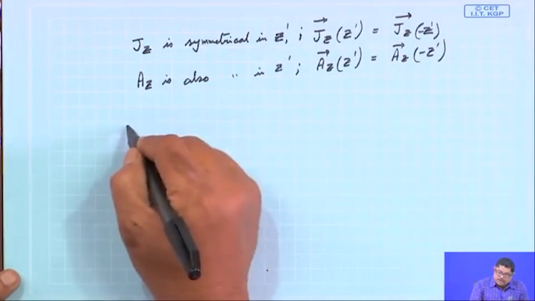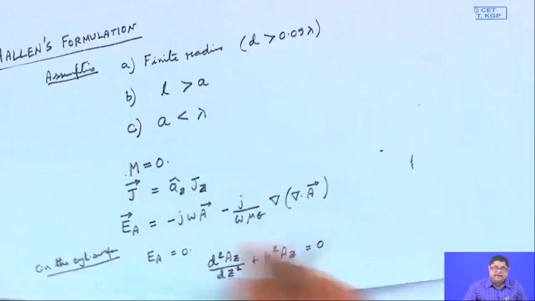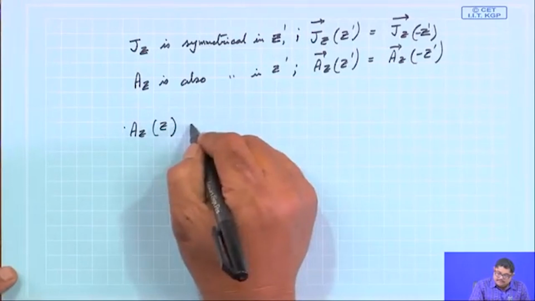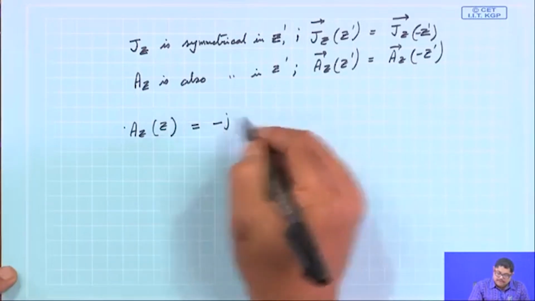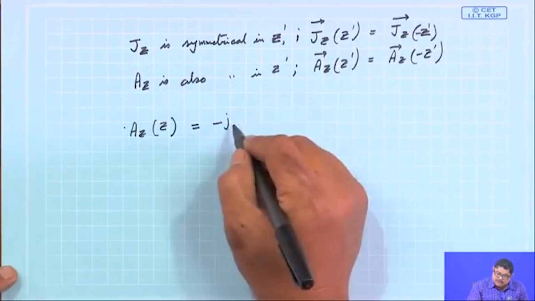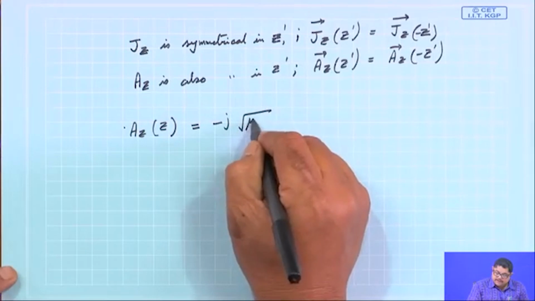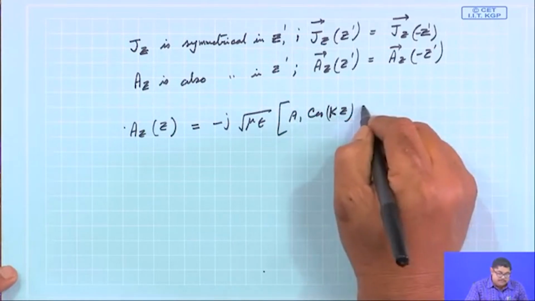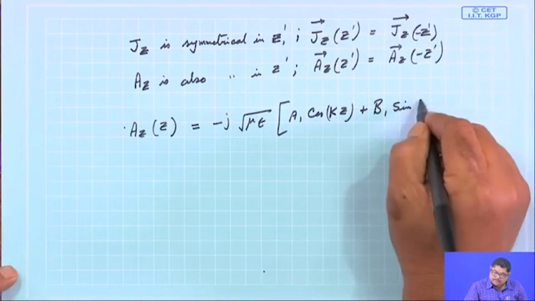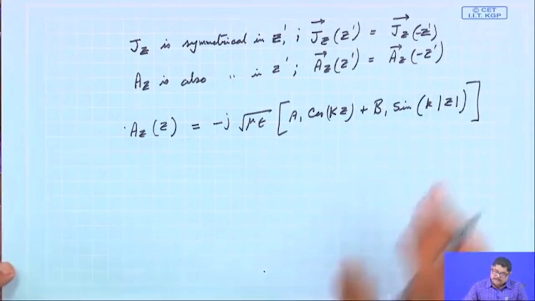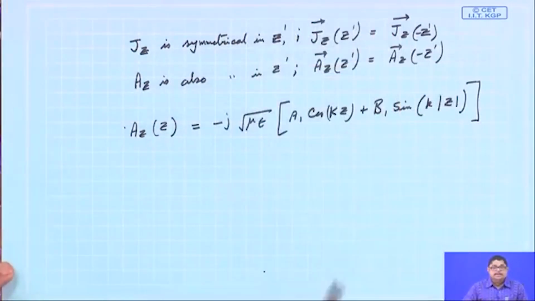So, because Az satisfies this differential equation, one solution is Az(z) equal to minus j root mu epsilon times A1 cosine function plus a sine term, to have this symmetry, and you can put it here and see that it satisfies. This term comes due to the presence of k.